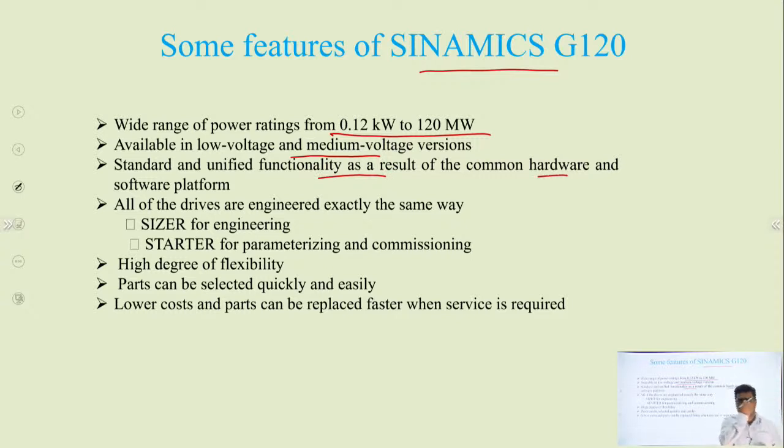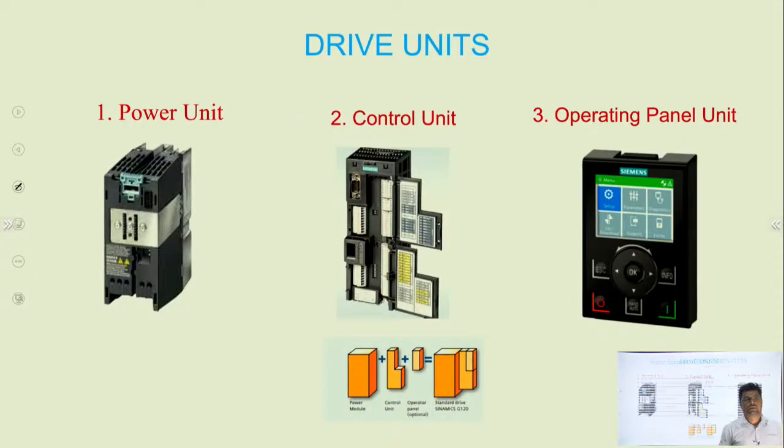All these drives are engineered in exactly the same way: we use Sizer for engineering and Starter for parameterizing and commissioning. They have high flexibility compared to other drives. Parts can be easily selected and replaced, and the cost is not much higher than other devices.